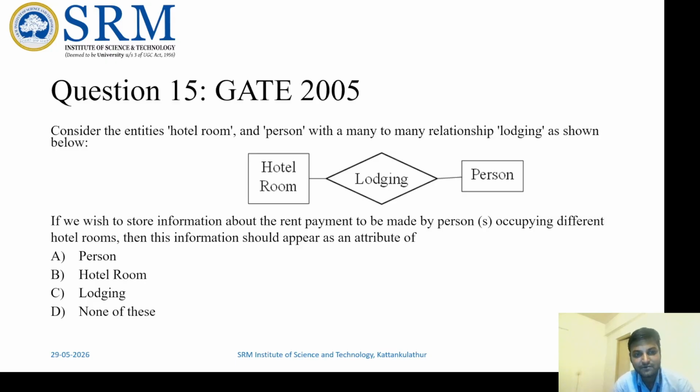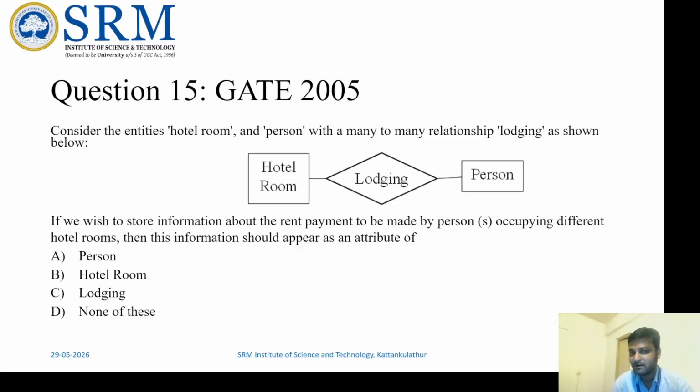If we wish to store information about the rent payment to be made by persons occupying different hotel rooms, then this information should appear as an attribute of what? They introduce a new attribute, rent payment, and they try to find out which entity or which relation will take this attribute in its table.